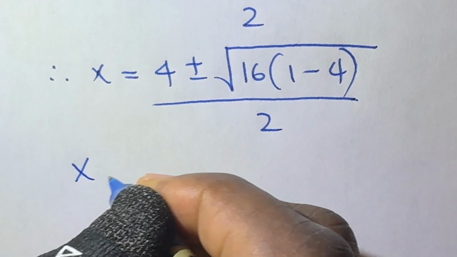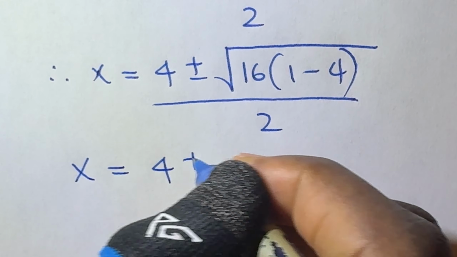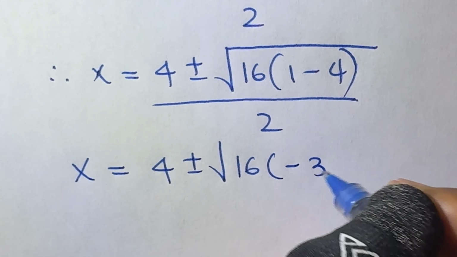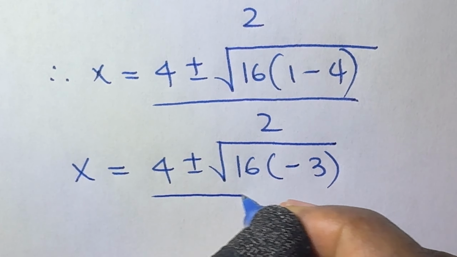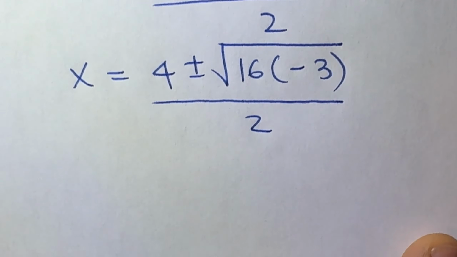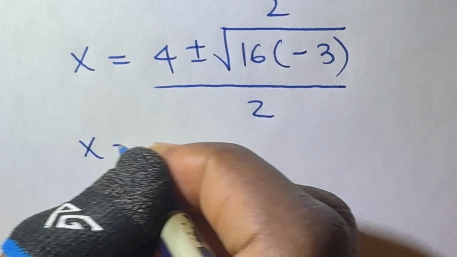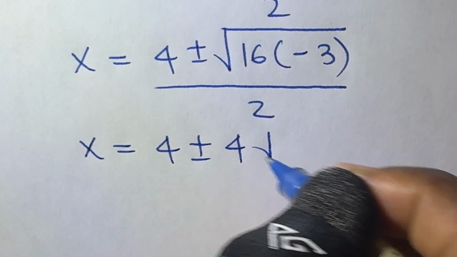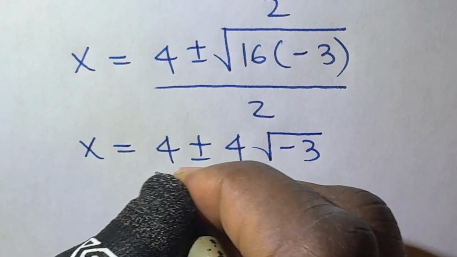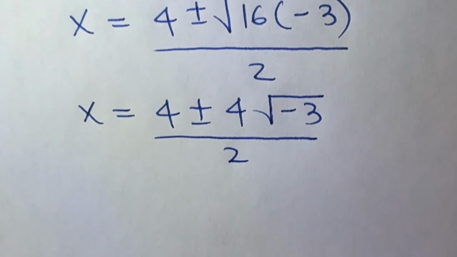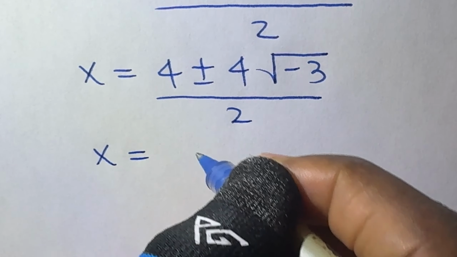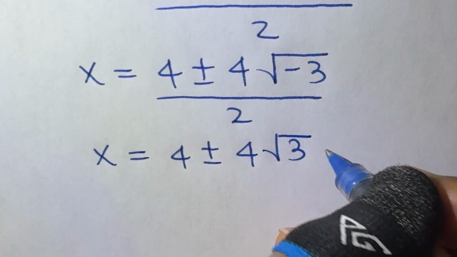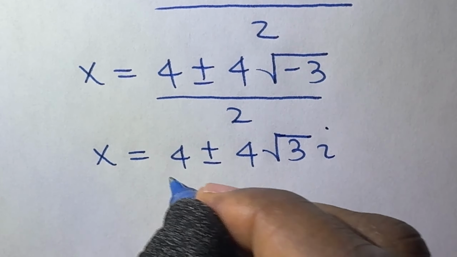which is x is equal to 4 plus or minus 16 times -3 over 2, which is x is equal to 4 plus or minus, this will be 4 roots -3 divided by 2, which will then give us x is equal to 4 plus or minus 4 root 3i over 2.